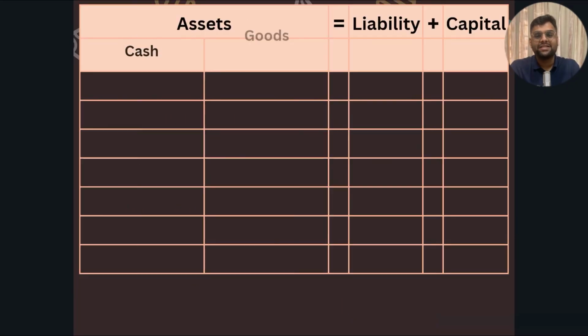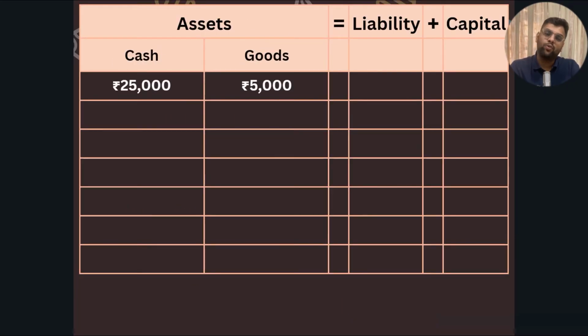So, from a business perspective, cash increases by 25,000 and goods increases by 5,000. Simultaneously, capital increases by 25 plus 5, 30,000. So, the accounting equation after the end of the first transaction looks like this. Cash 25,000 plus goods 5,000 is equal to capital 30,000.